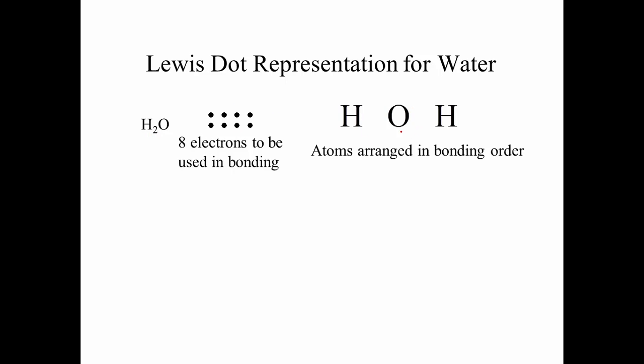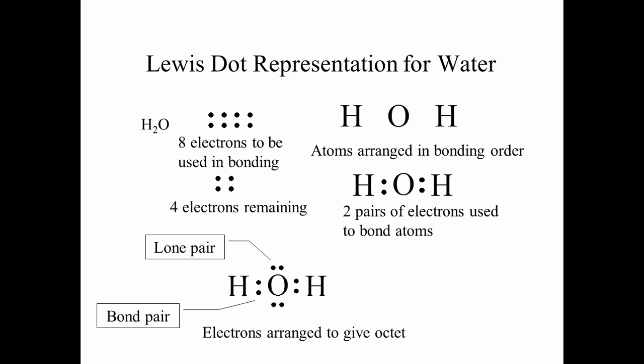And then we need to arrange the atoms in bonding order. This is determined empirically. Usually the rule is that the most metallic nonmetal will go in the center. Hydrogen always goes on the outside. So here in water we know oxygen is in the center. And now we'll take our valence electron pool and start to fill in to make the bonds.